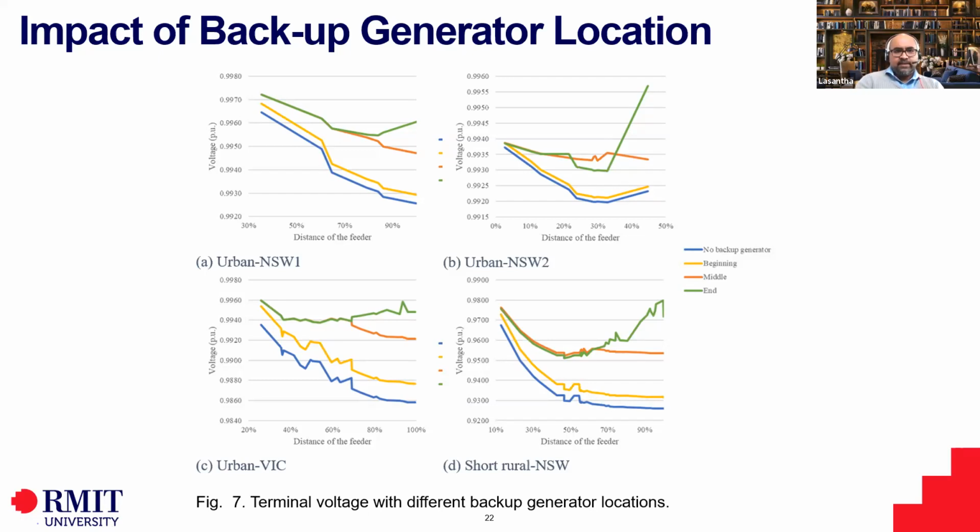And in some cases, as you could see, the voltages could go to very high values, but still they were within the limits. But clearly this analysis shows the location has some impact, where we connect in the network. So from the network perspective, sometimes it's better to keep a flat voltage profile. So connecting at the end of the feeder sometimes helps the network operators to improve the voltage profile.